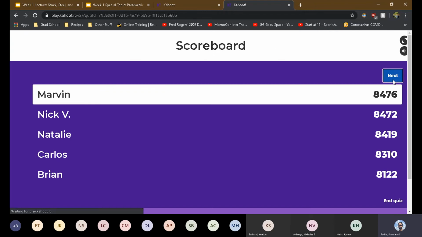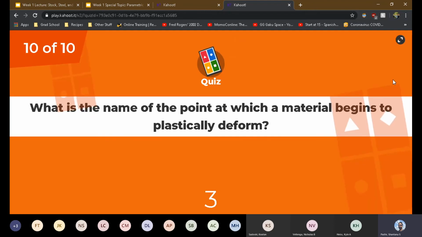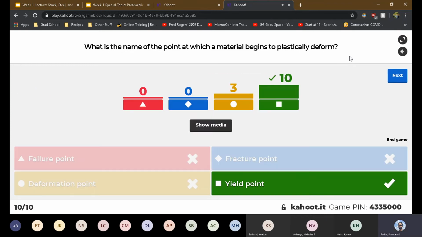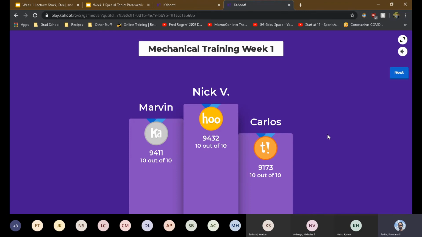And I think we're on to the last question, y'all. What is the name of the point at which a material begins to plastically deform? The yield point, indeed. So that was the last question.